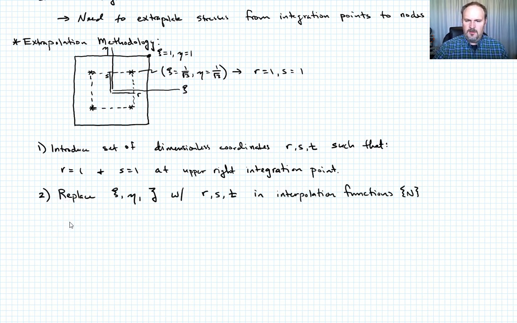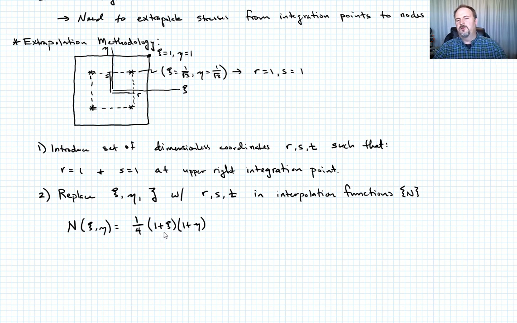So for example, if N of xi and eta was, let's say in the 2D interpolation function, maybe for the upper right term, this would be 1/4 (1 plus xi)(1 plus eta), right? That would be the interpolation function that corresponds to that point.